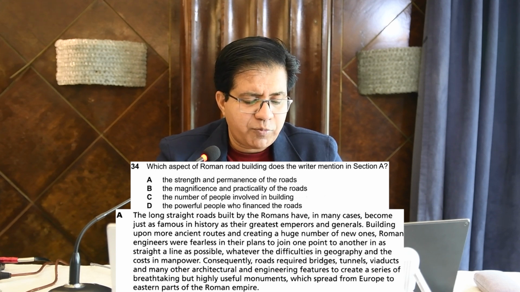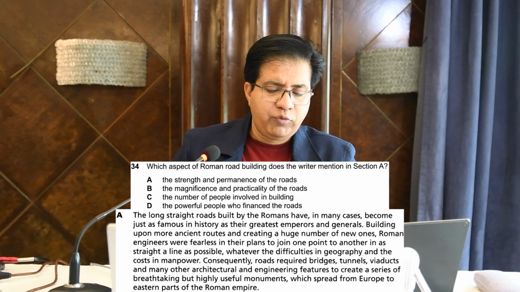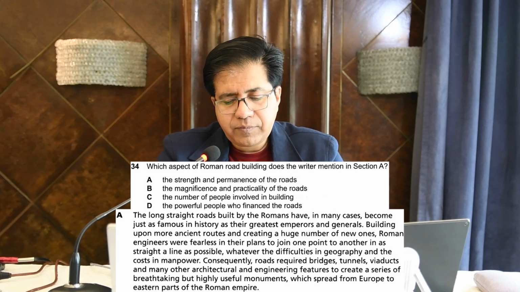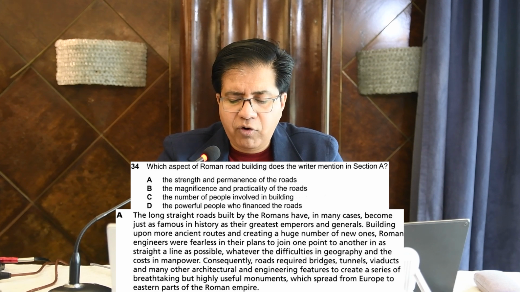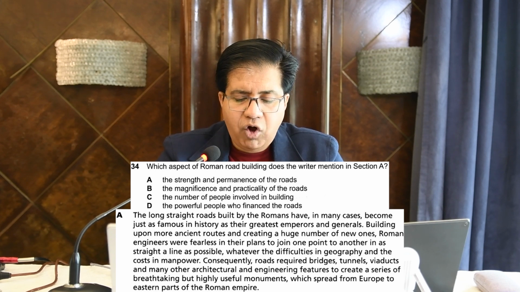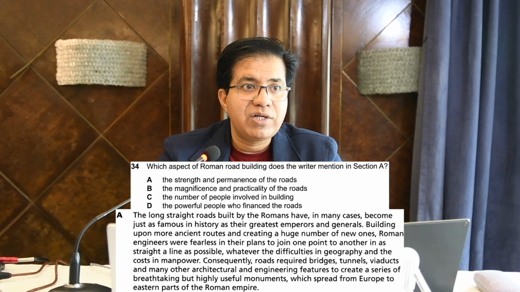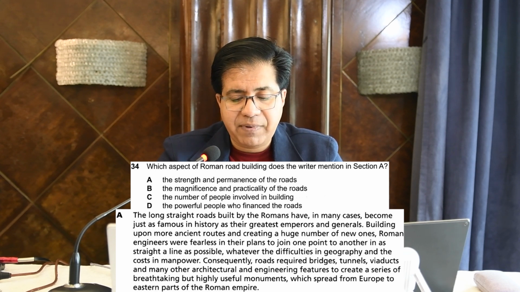Now please come back. Which aspect of Roman road building does the writer mention? Option A, strength and permanence of roads. No, they said breathtaking and useful monuments. So it's not strength and permanence.